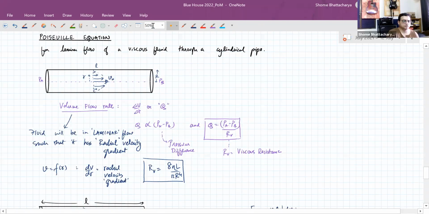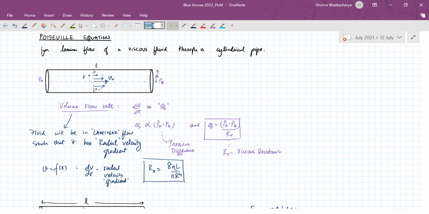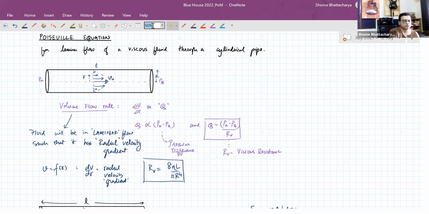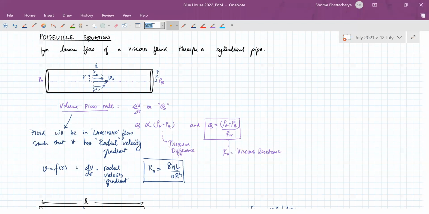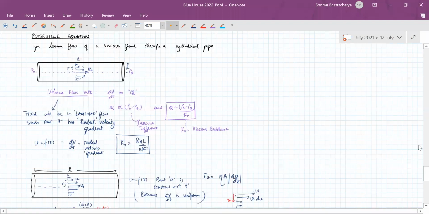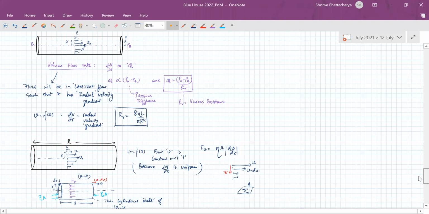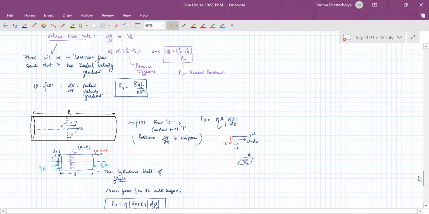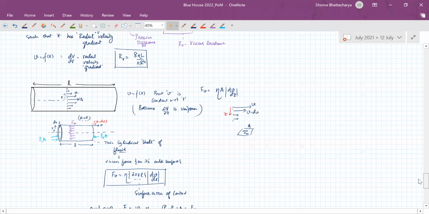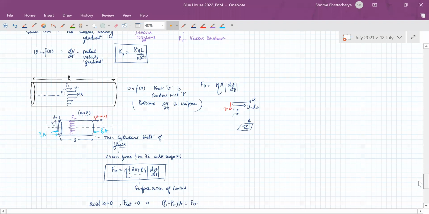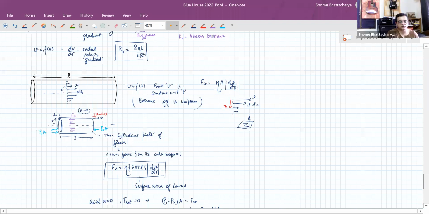No, sir, that radial velocity gradient will do. Okay, okay. So I wanted the part after that RV value. Okay, so this is fine now? Yes, sir.